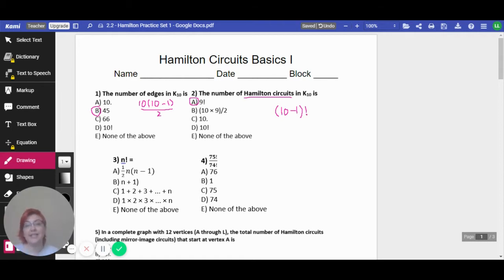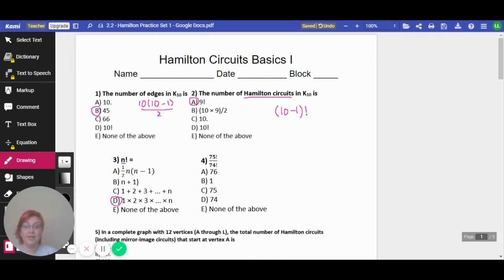Well, typically that's n times n minus 1 times n minus 2, etc., all the way down to 1. However, because that would be kind of weird looking, we could always write it counting up instead of down, 1 times 2 times 3 times 4, etc., until we reach n, in which case it would be D.